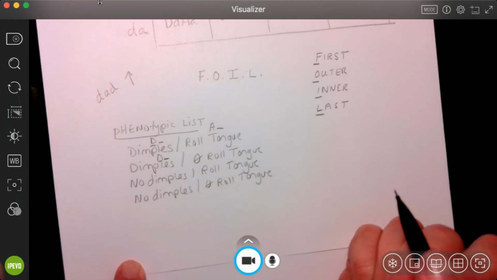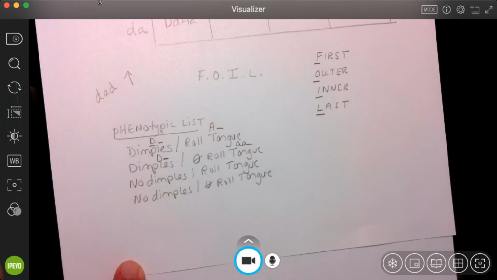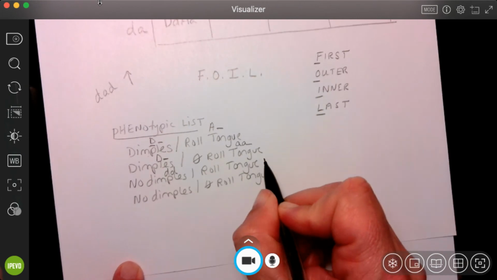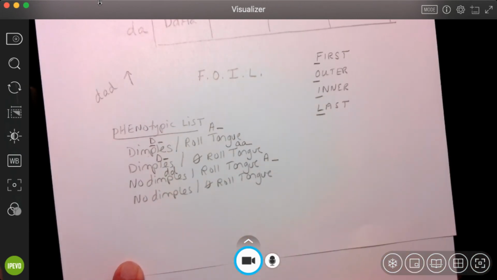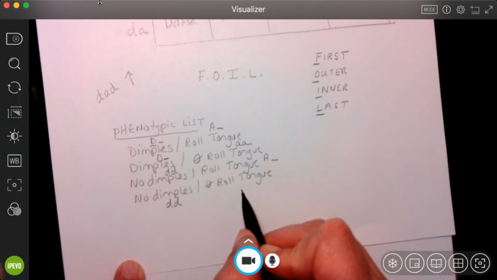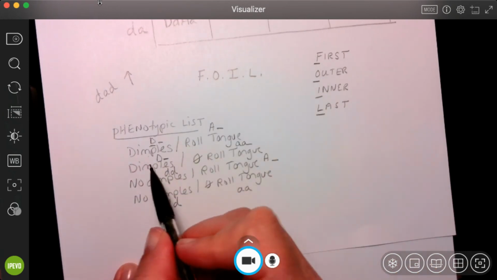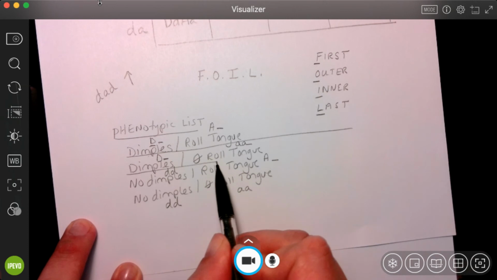Not rolling your tongue, the only thing you can have are two little A's. No dimples would be two little D's. And then again, to roll your tongue, you'd have a big A and a possible second one. So that's kind of what we're looking for. Let me try and separate this a little bit so we can see what we're looking at here.